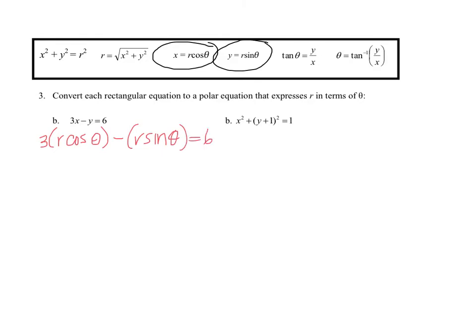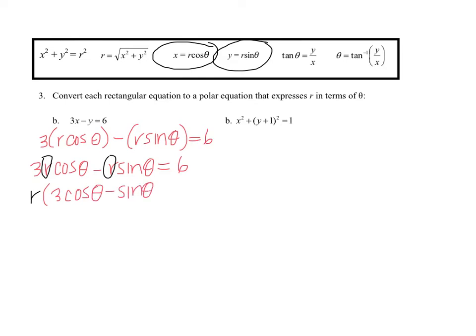I'm going to distribute this. So this is 3r cosine theta minus r sine theta equals 6. Essentially, I just want to solve this problem for r. So I'm going to factor out this r here and here. And this becomes r times 3 cosine theta minus sine theta equals 6.